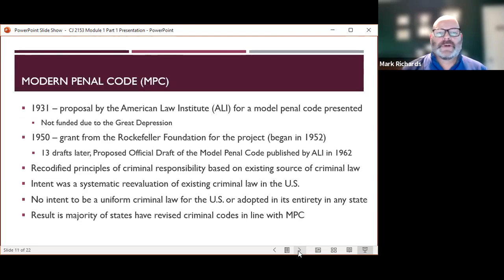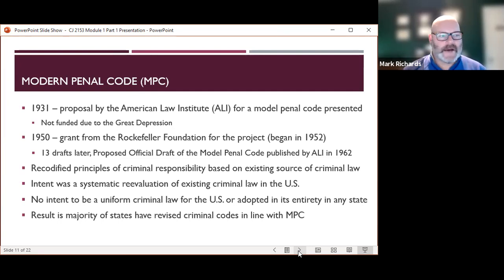In terms of legal precedents and manners in which statutes are derived, one avenue which states often look toward to guide statute development and penalty development is what's known as the Model Penal Code. In 1931, the MPC was proposed by the American Law Institute as a model penal code for the states in the United States.